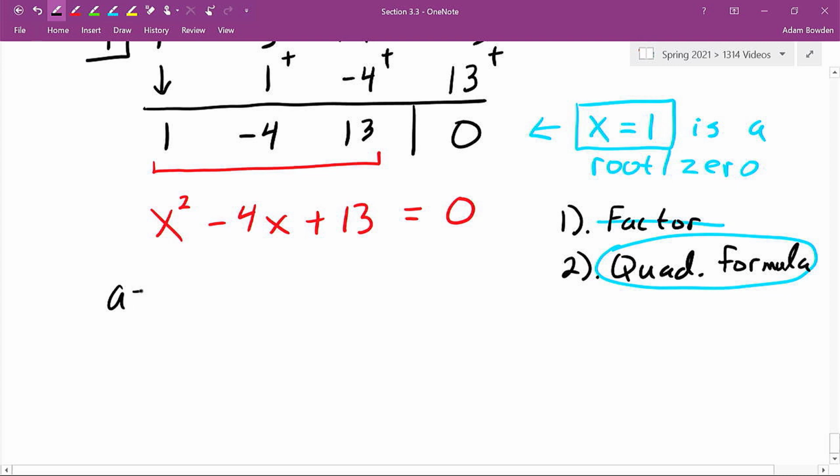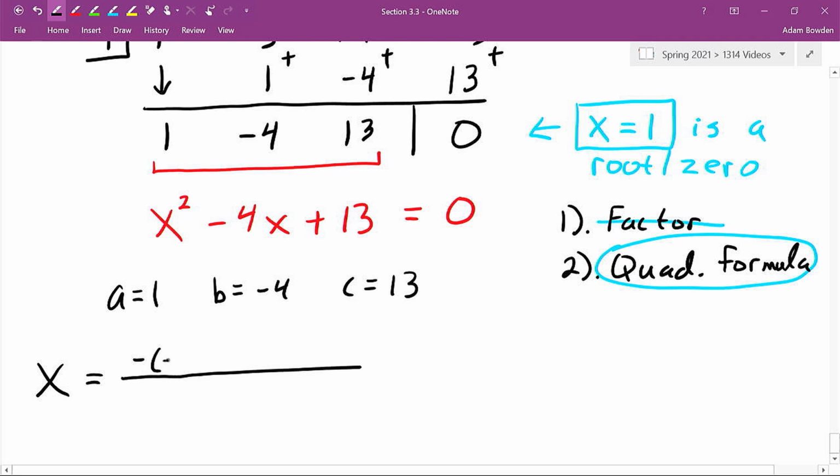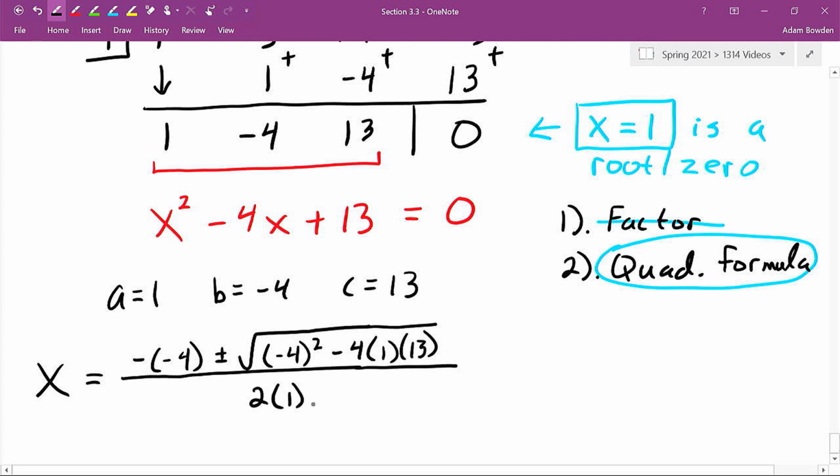So we have our A is 1, B is -4, and C is 13. When I set this up into the quadratic formula, it goes -4 plus or minus the square root of -4 squared minus 4 times 1 times 13, all over 2 times 1.